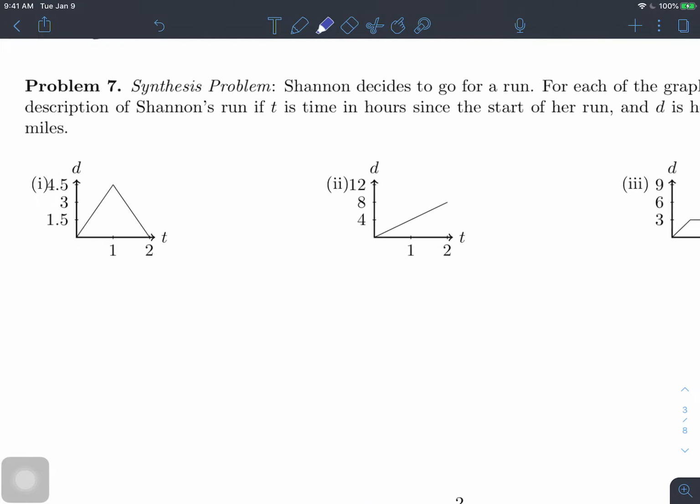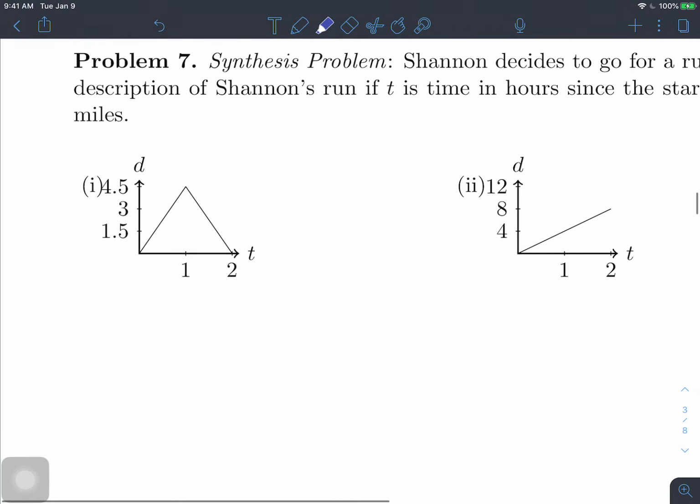So the first one, we can see here on the horizontal axis we have time, and on the vertical axis we have distance from home. Okay, so the meaning of starting at the origin is that at time t equals 0, so at the beginning, we're at home. And then we go along here, up to this point.